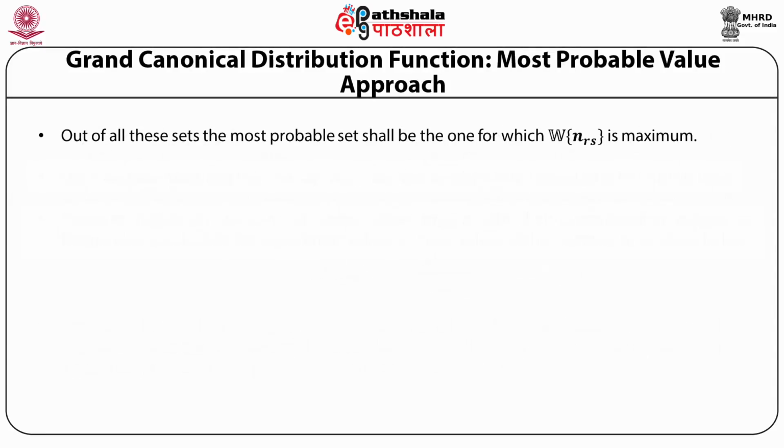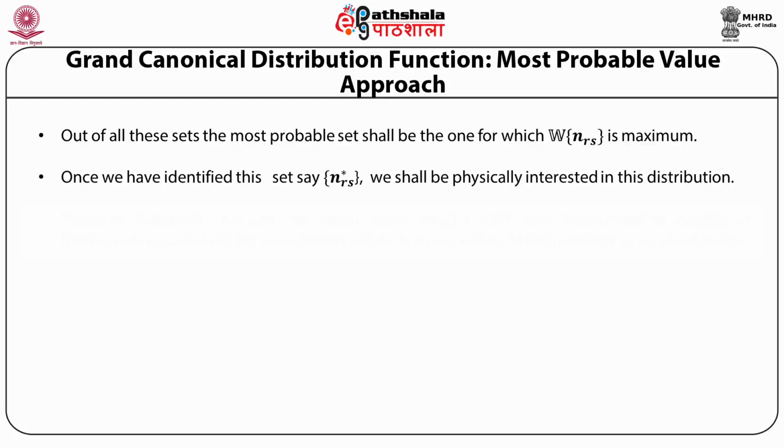Out of all these sets, the most probable set shall be the one for which W of the set n_sr is maximum. Once we have identified this set, say, represented by the set n star sr, we shall be physically interested in this distribution.